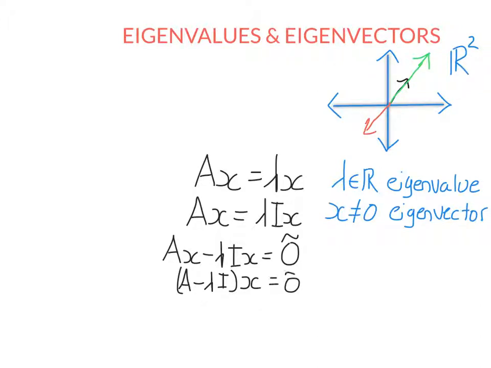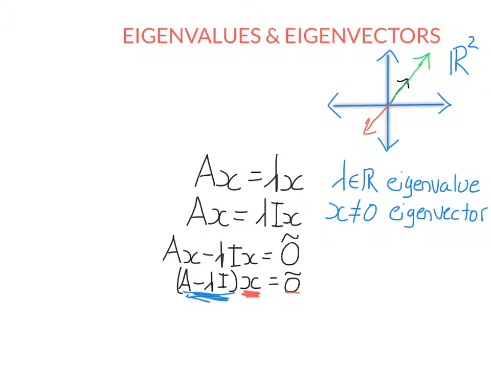So what we notice here is we have a matrix times a vector equal to the zero vector. We've actually come across this situation before when we looked at linear transformations. Remember, the set of all vectors that you can multiply the matrix by to get 0 is the null space or kernel of the matrix.